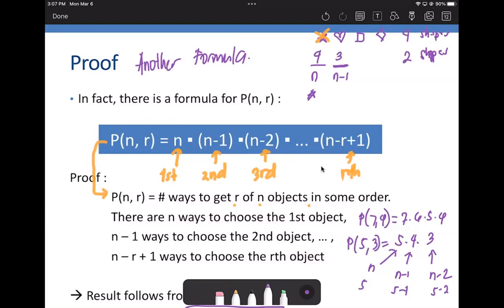Let's go back to P of 7, 4. How about the n minus r plus 1? How about the r position? How did we get this? Why is it n minus r plus 1? This is your n minus r plus 1, which is equivalent to 7 minus 4 plus 1, which is equal to 3 plus 1, that is equal to 4.